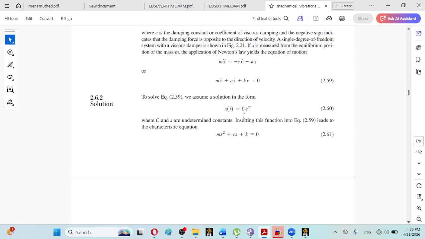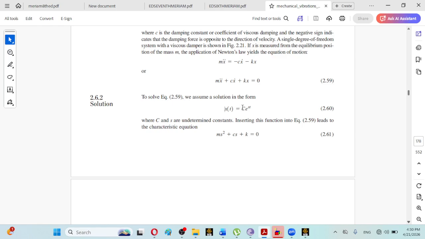But we are familiar that Ce^(st) can never be equal to 0. Why? Because if C is equal to 0, it means there is no oscillation, because C is the amplitude of the oscillation. If the system is oscillating, there can't be any case where its amplitude is 0.